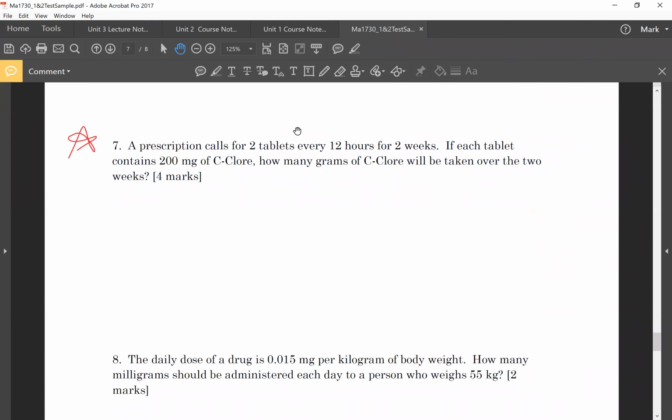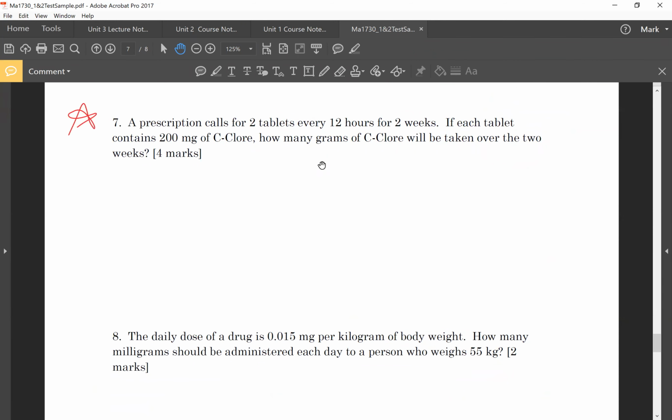Okay, so number 7. A prescription calls for 2 tablets every 12 hours for 2 weeks. Okay, a lot of information happening here. If each tablet contains 200 milligrams of C-chlor, how many grams of C-chlor will be taken over the 2 weeks?